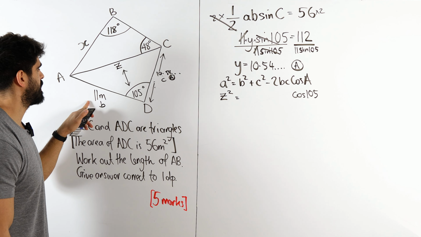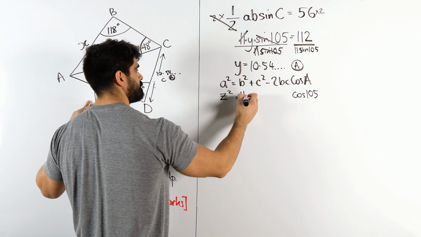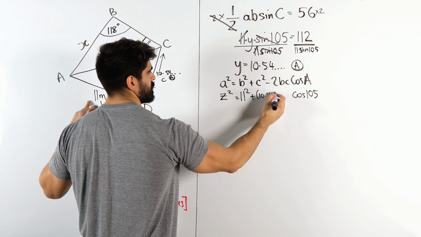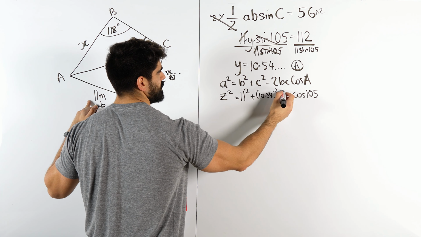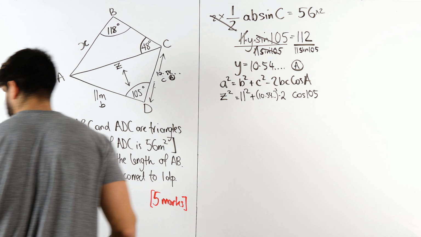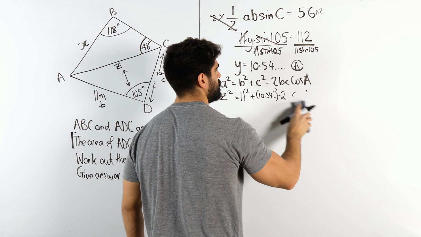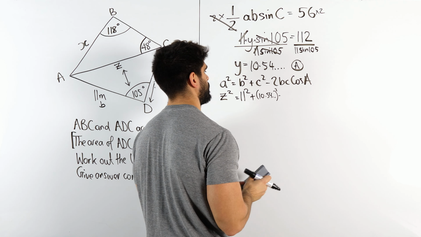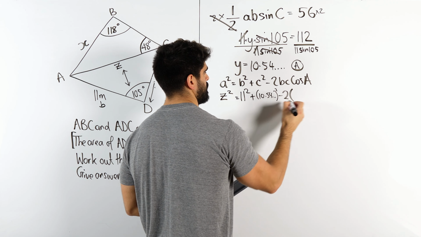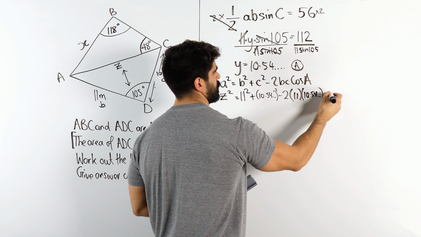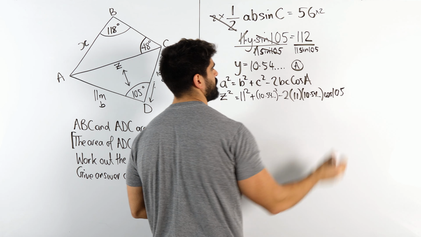So I'm going to have 11 squared, that's my b squared, plus c squared, which is that 10.54... squared minus 2bc cos of the angle 105.